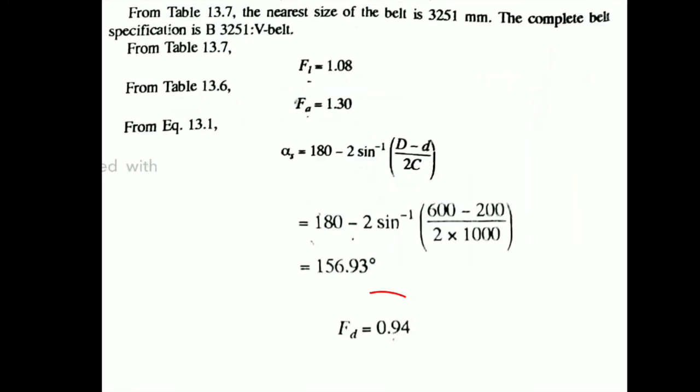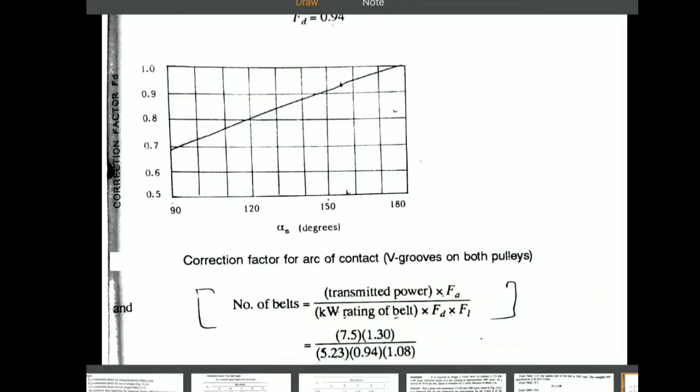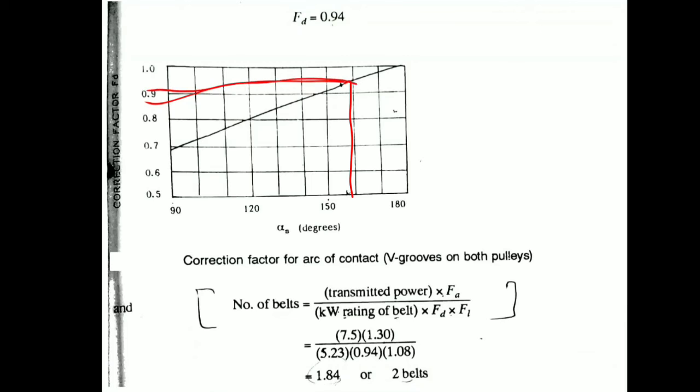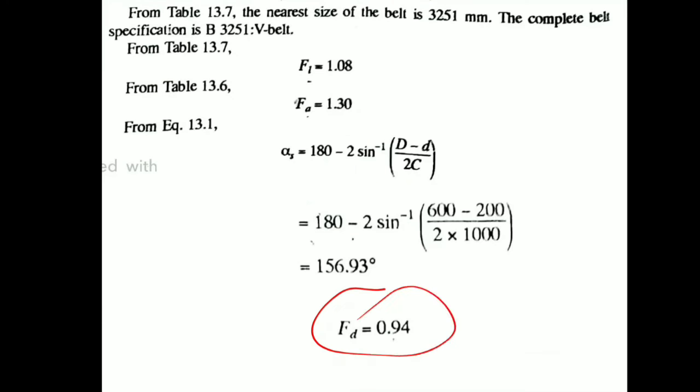Therefore my FD value is 0.94. You can take it, no problem. 0.94 from this chart, 156, and we have to project. So we get FL, FA, FD.